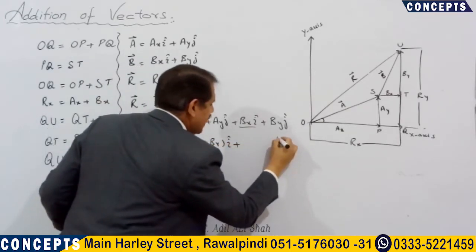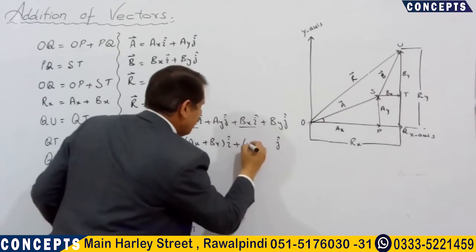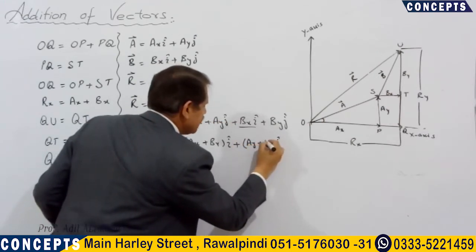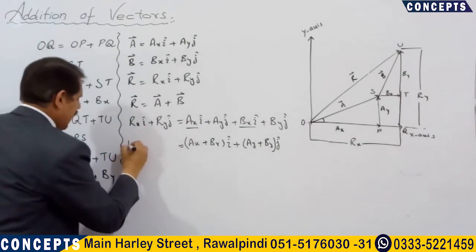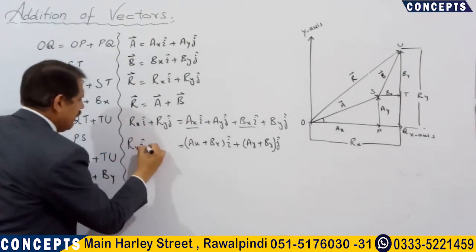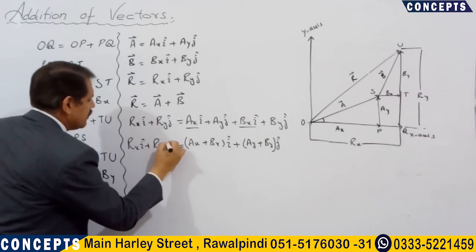Similarly, j is common in these two y components, so Ay plus By. And here Rx i plus Ry j.